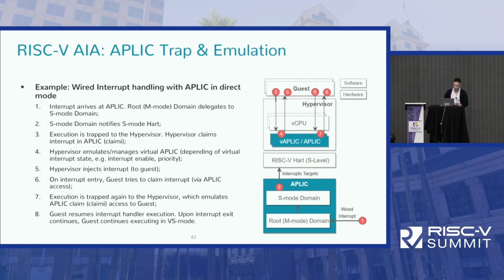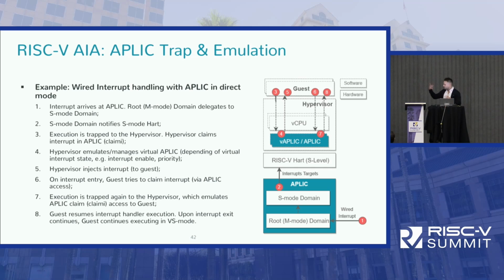I want to highlight this slide because the idea here is to highlight the fact that you may have designs where you don't have the IMSIC. At the moment, the spec says that when you have the hypervisor extension, they assume that there is an IOMMU so that you can directly delegate and forward the interrupts directly to guests without any hypervisor intervention.